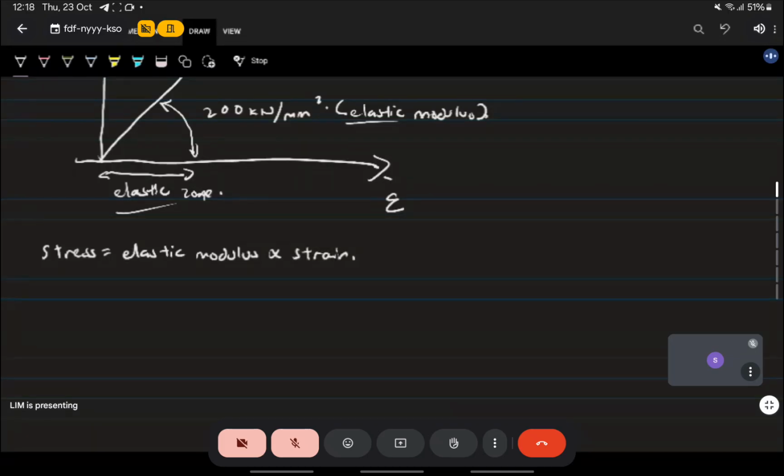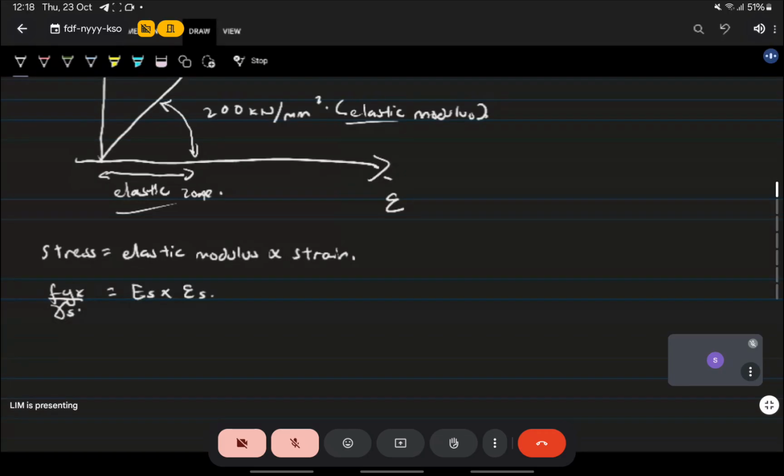Now we know our stress is fyd, or in other words, fyk over gamma S. The modulus is the slope, capital Es, and strain is epsilon S.